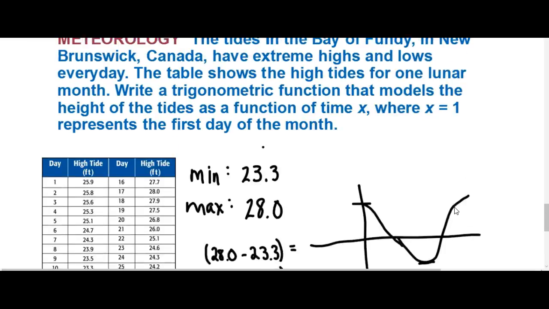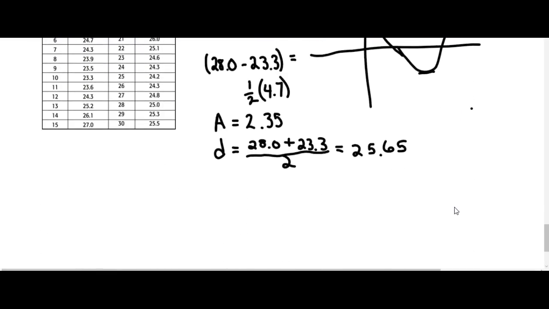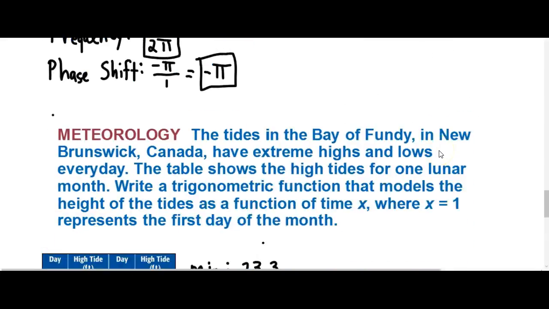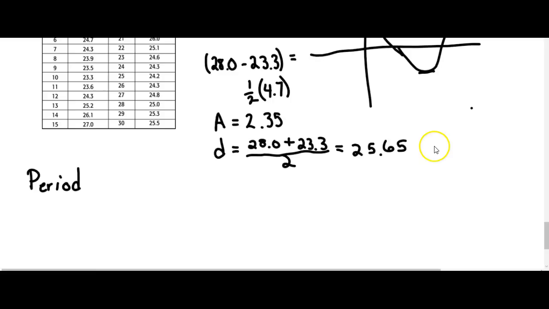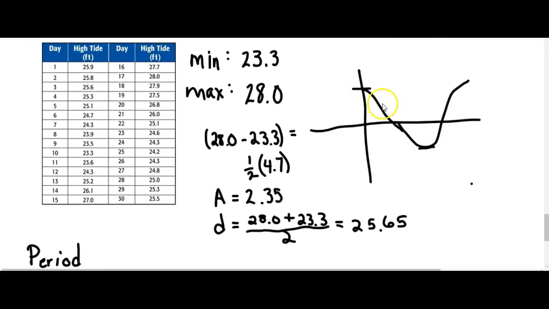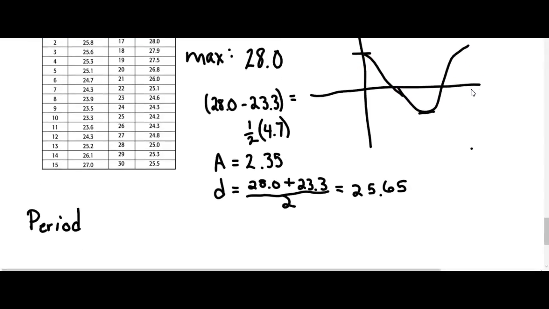Now all I need is the phase shift and also my variable b that's going to multiply by the x. So in order to find b, let's first find the period. Now remember, the period is what one full cycle makes up. If we look at the graph, half a period would be from the maximum point to the minimum point. And if we doubled that, that would get us one full period.